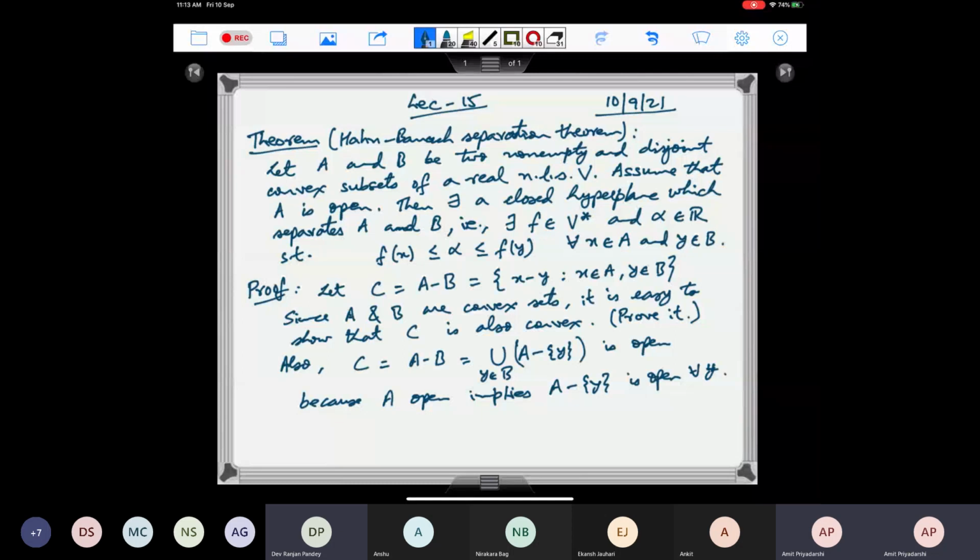Okay. Is it okay? So now we get C is an open and convex set. So hence C is non-empty, because A and B are non-empty, so C is also non-empty.